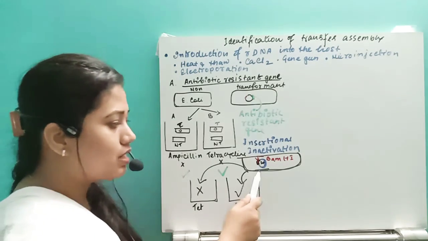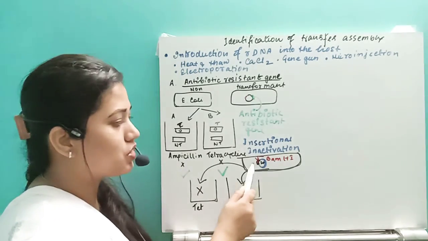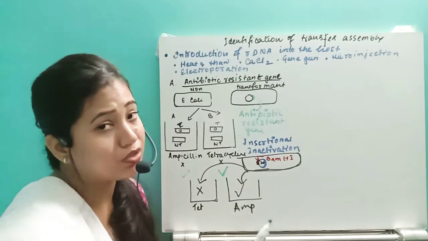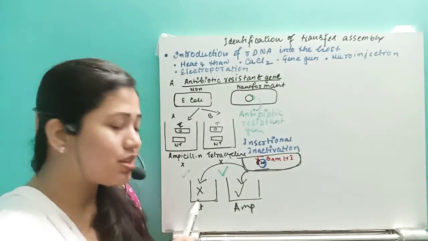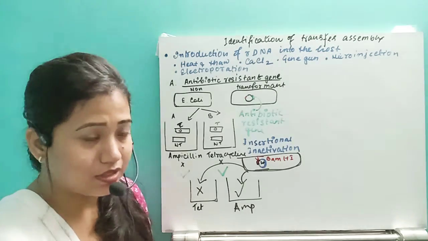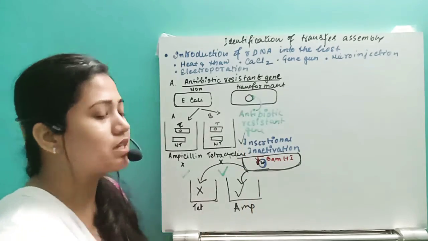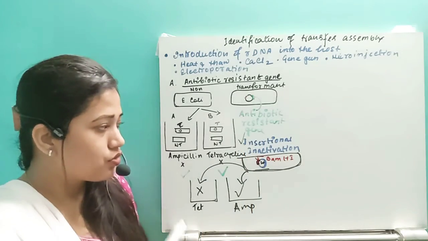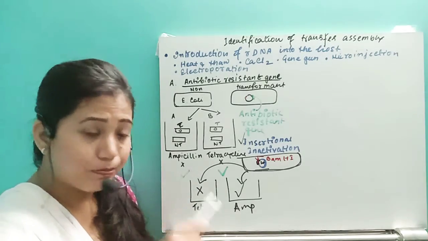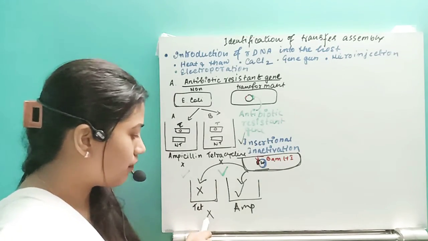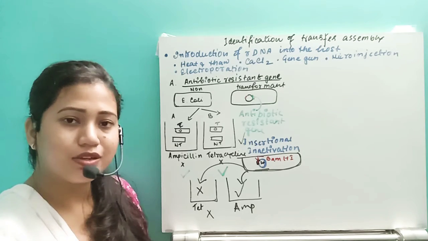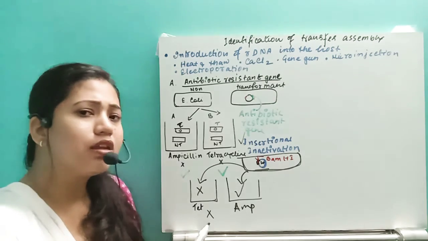Right, that means this gene fragment which is attached to the vector in the BamHI site, the tetracycline resistance gene gets inactivated. So this phenomenon is known as insertional inactivation. So what happened, that host, this is a transformant, but it is not able to survive in the tetracycline medium.